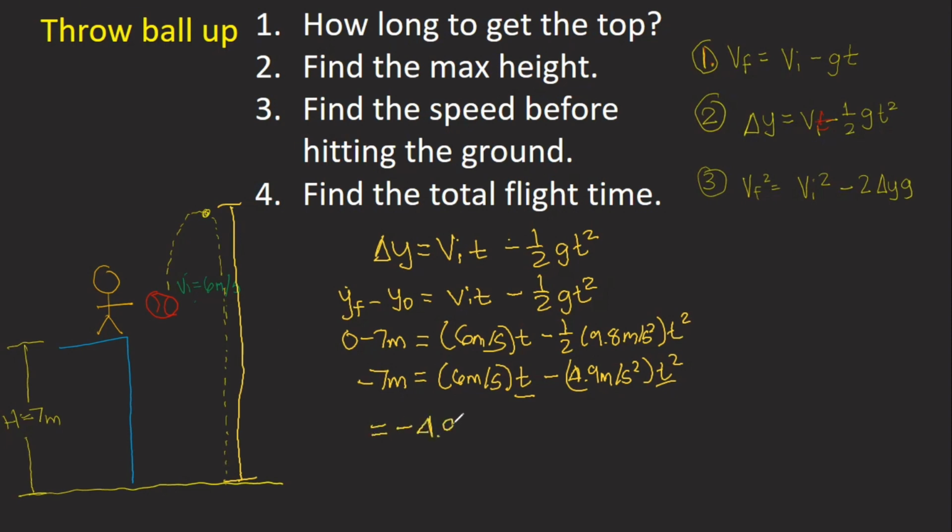Negative 4.9 meters per second squared t squared plus 6 meters per second times time plus 7 meters. So our concern is to look for the value of t. So again, negative 4.9 t squared plus 6t plus 7.